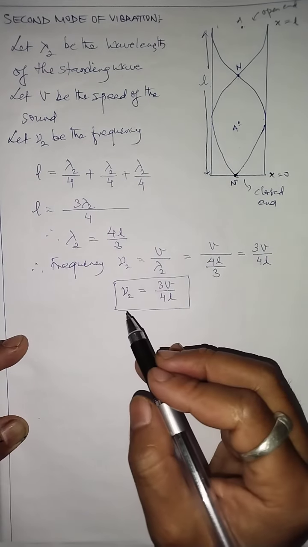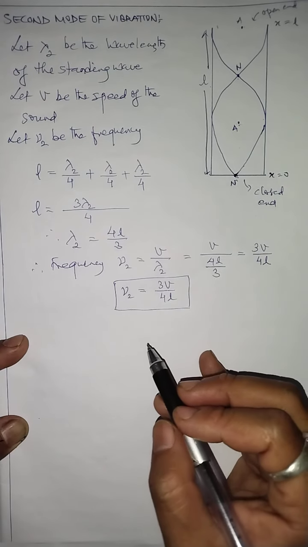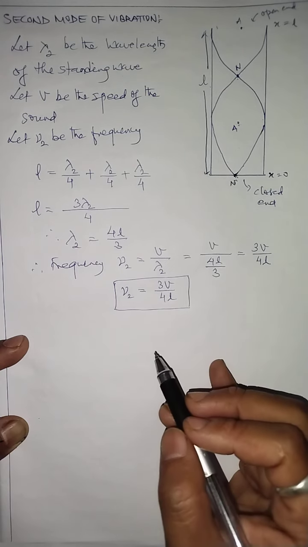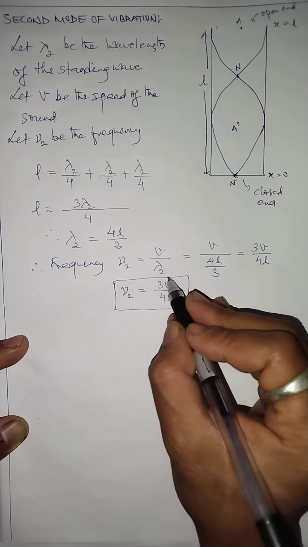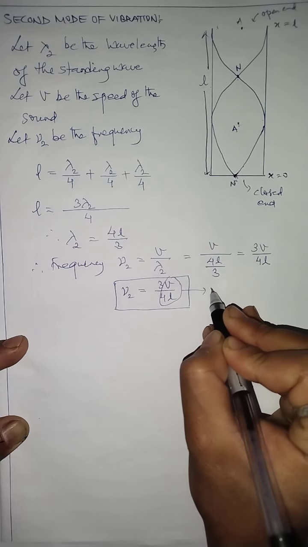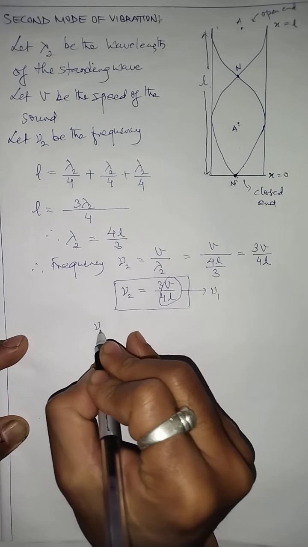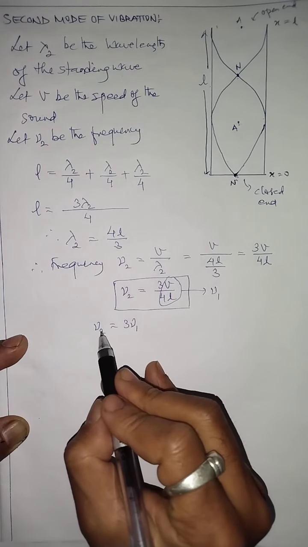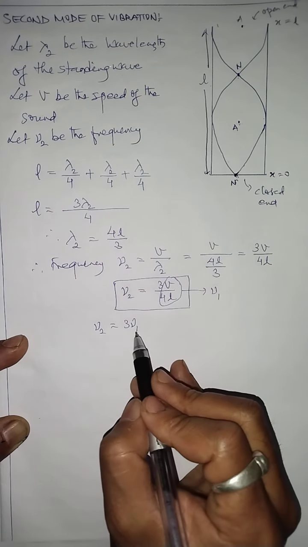And this frequency is actually the third harmonic. This is the third harmonic of the first tone, the first harmonic. Now how? Because you know v by 4L is already nu1. So I write down nu2 is 3 nu1.